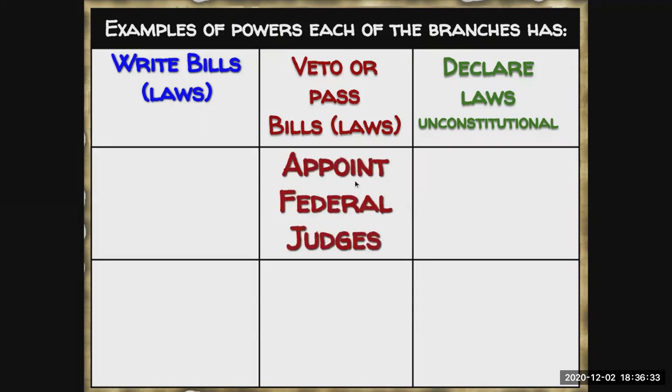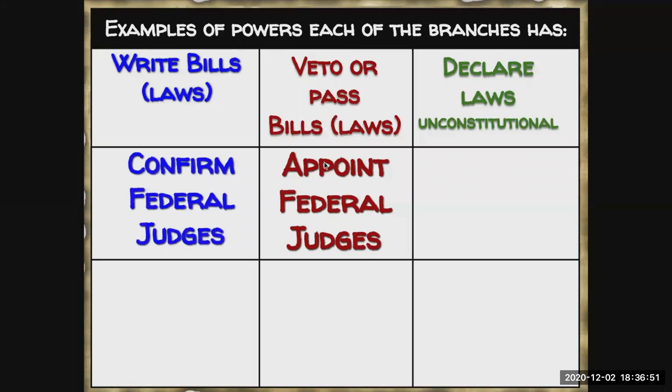Now, the executive branch also has the power to appoint federal judges. So these are the district court judges. These are the ones that rule on cases of federal crimes, not state crimes. And the president has the power to appoint all of those federal judges. However, just because a president appoints a judge doesn't automatically mean that they will take the bench.